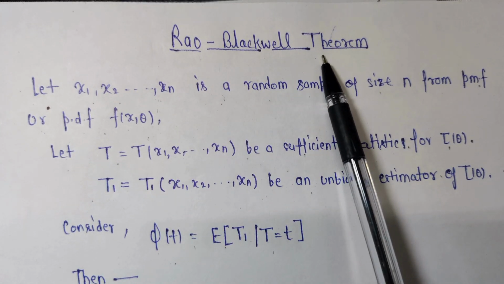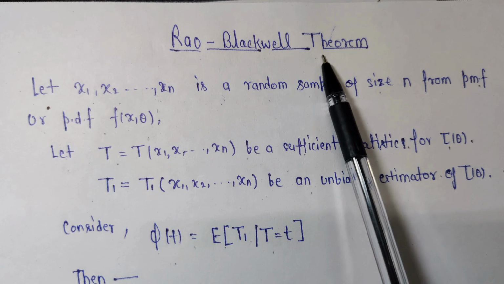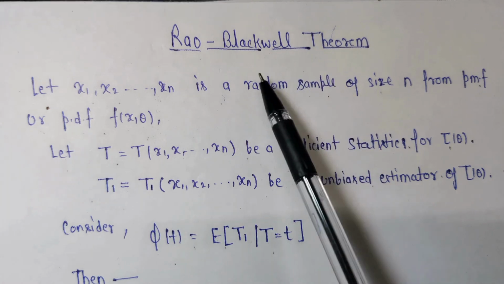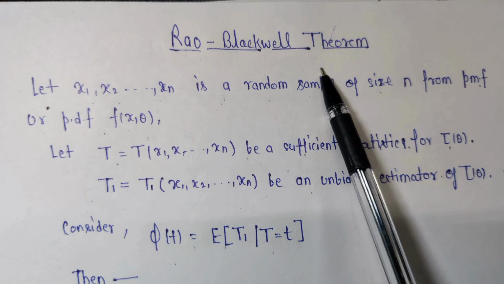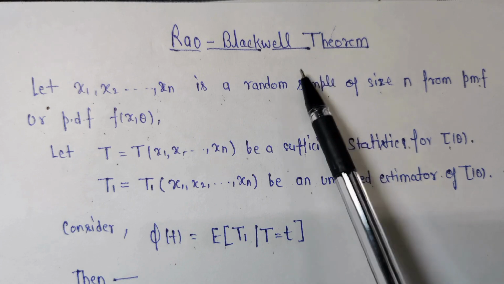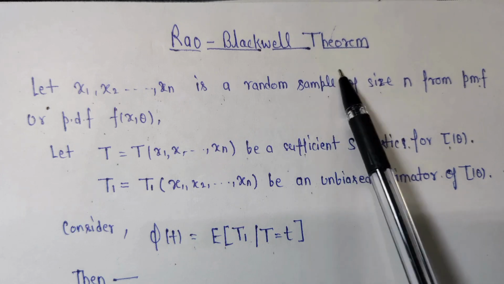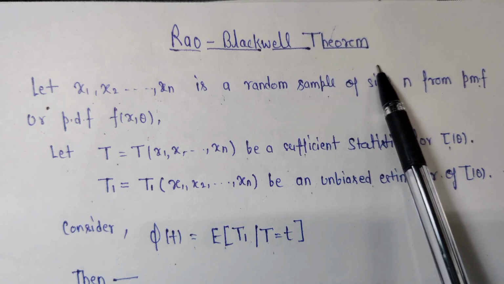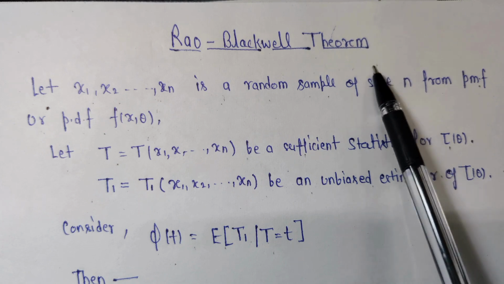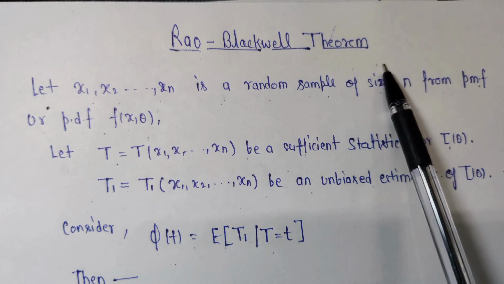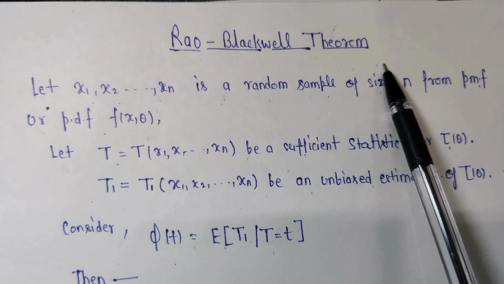In my previous lecture, I discussed the Cramér-Rao inequality, and we know that the Cramér-Rao inequality provides a lower bound of the variance of an unbiased estimator. That means the minimum variance bound of an unbiased estimator.